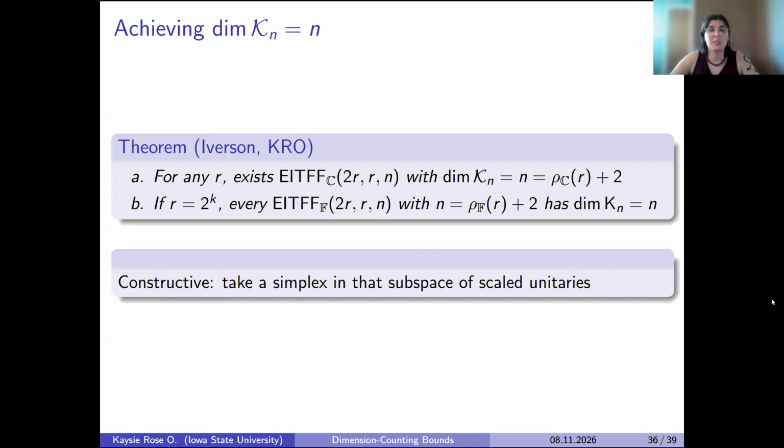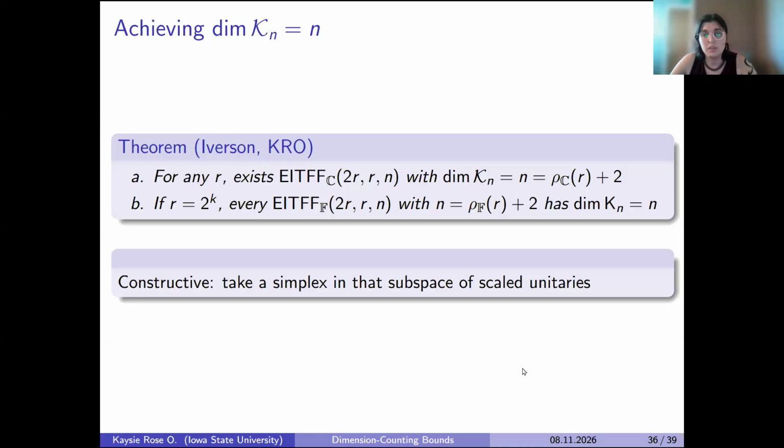And something really nice about this theorem is that if you delve into the proof, it is constructive. We do construct it in A. Basically, what you do is you take a simplex in that subspace of scaled unitaries, you arrange it in a good way, and then you do a bunch of tensoring to blow it up to whatever size you need it to be.